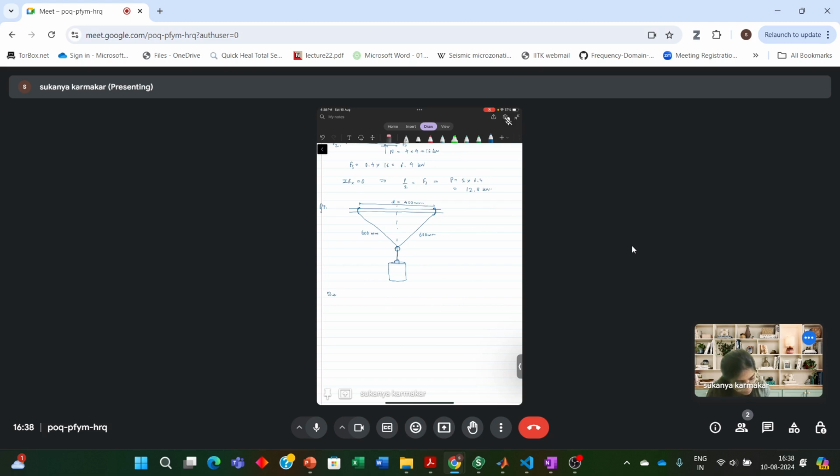So the 5 kg cylinder is suspended from two equal length cords.